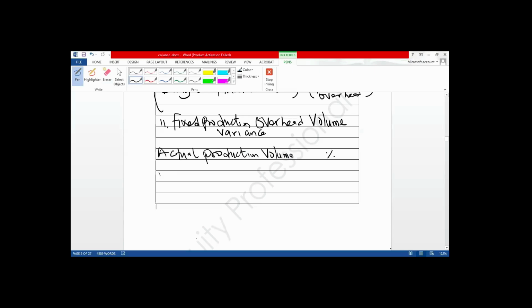You have a figure here. Minus budgeted production volume. You have another figure here. You look for the differences. You have a figure here.